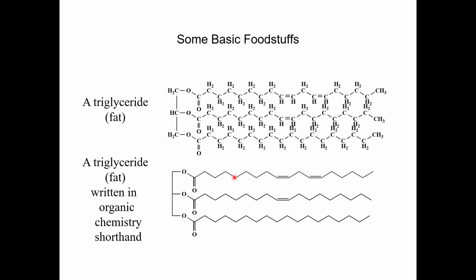So each of these would be a fatty acid, but now that they are linked to this glycerol molecule, we call the entire conglomerate thing a triglyceride. Okay, so we've got that. So the main thing that I want you to take away from this slide is that fats are made of a glycerol backbone and then a fatty acid chain here.